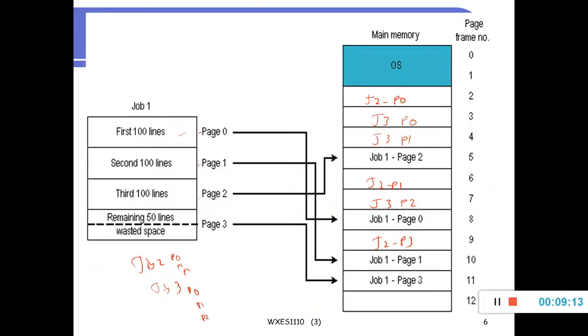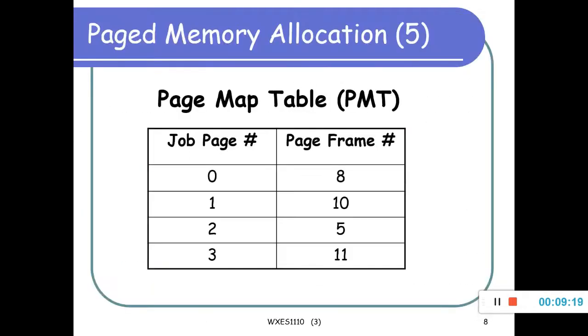You can see job 1 page 0 at 8, page 1 at 10, page 2 at 5, and job page 3 is at page frame 11.